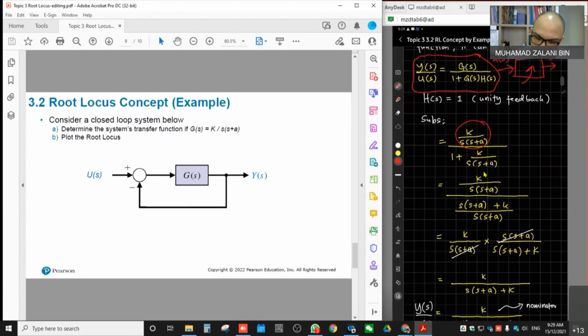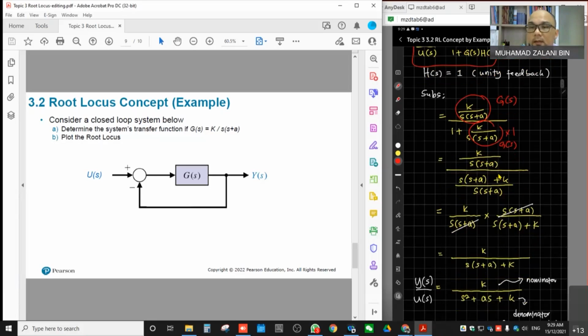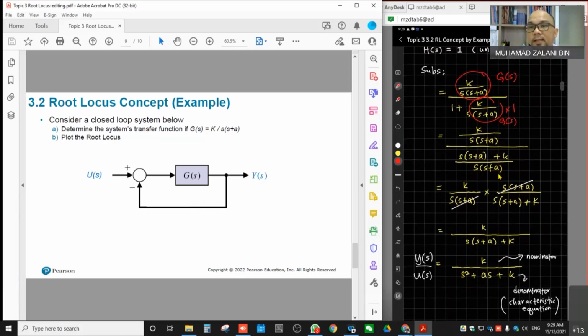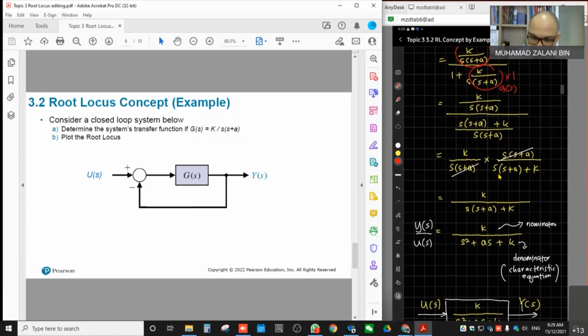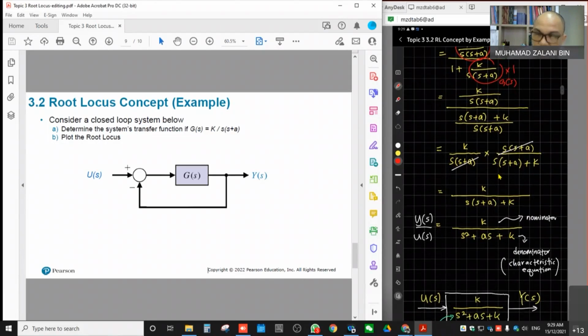So this is G(s), and 1 plus this G(s), with H(s) equal to 1, so basically times 1. Then we simplify this polynomial into this form, and we can cancel s plus a.